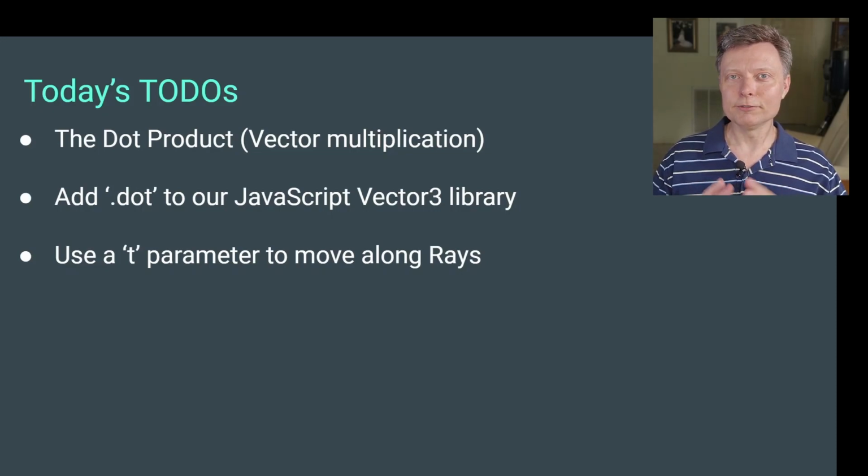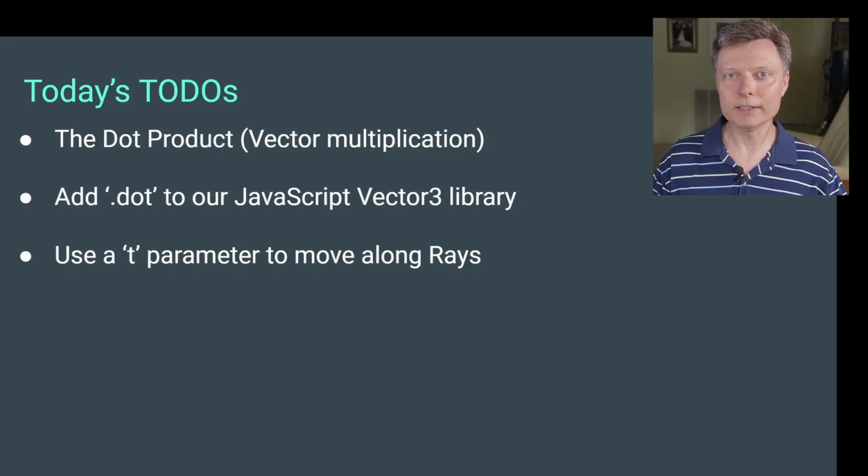But I didn't give you the full picture last time because there's one more element of a ray that we can add to it, and that's called a t parameter. And the t parameter allows you to slide a point along that ray in the direction that it's pointing in. And so we'll take a look at how to do that in a moment.